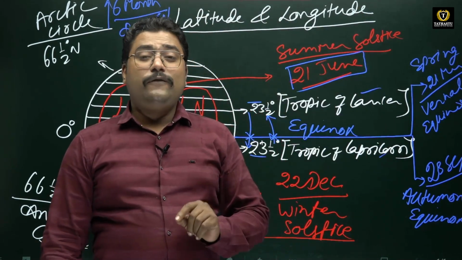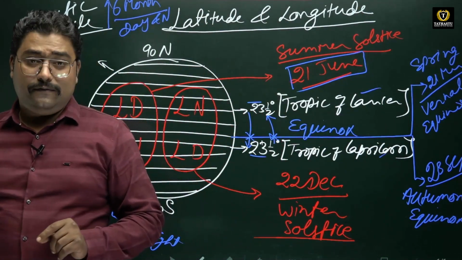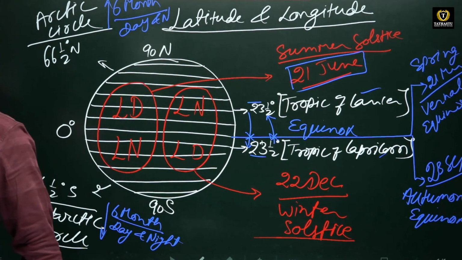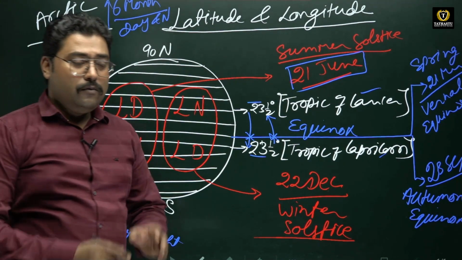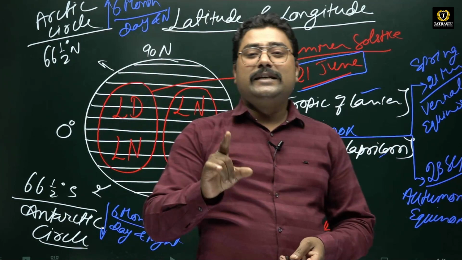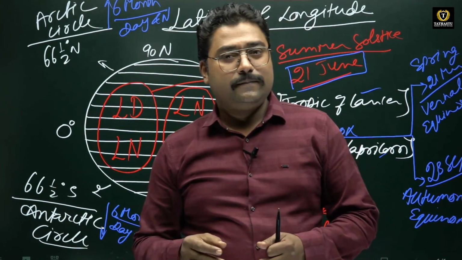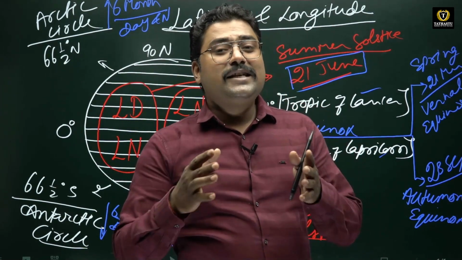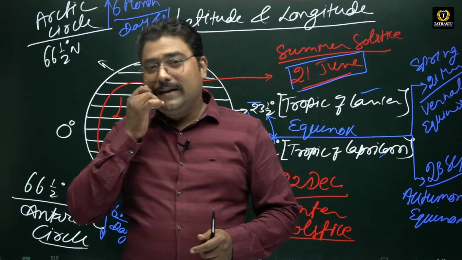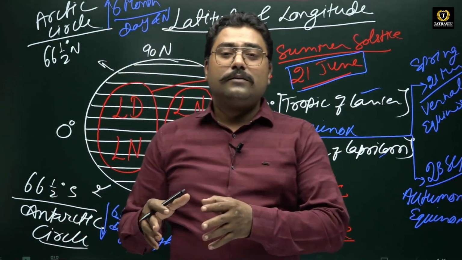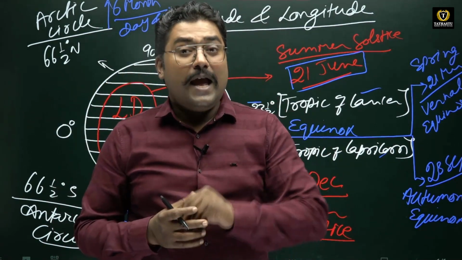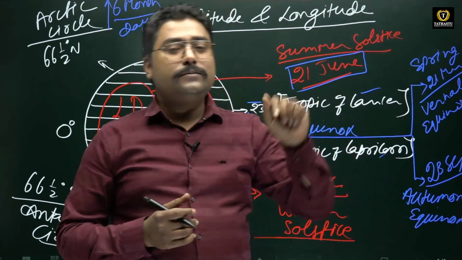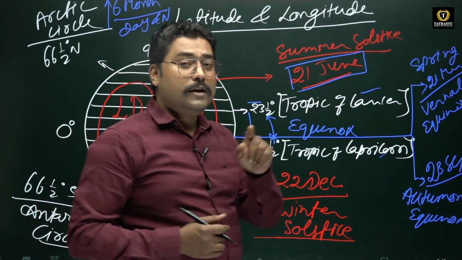Means, if we consider ourselves, in 1 year what we experience is 365 days. Means 365 times the sun will say good morning, and 365 times the sun is going to say good night.